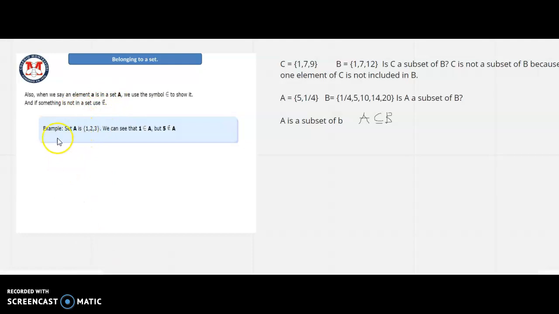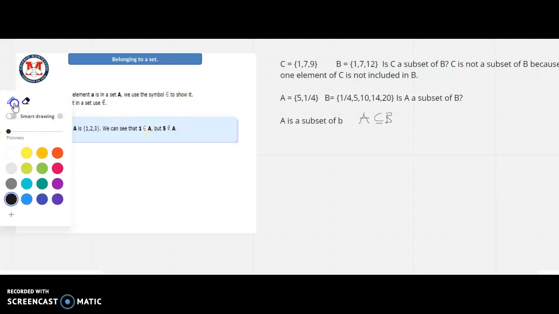Okay? So in this case, we have the set A is {1, 2, 3}. So we can see that 1 belongs to A, but 5 doesn't belong to A. So it's very easy. We only see if the element is included in the set A or not. If it's included, we can say that it belongs to that set.